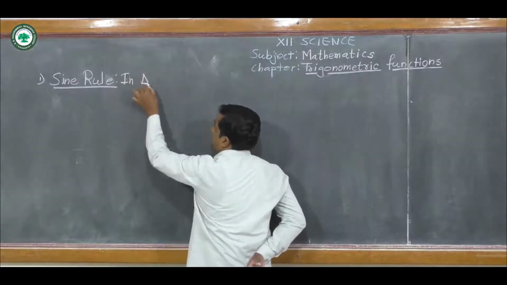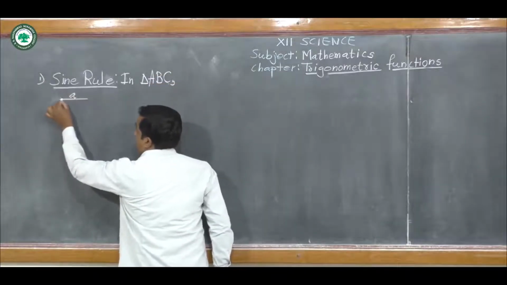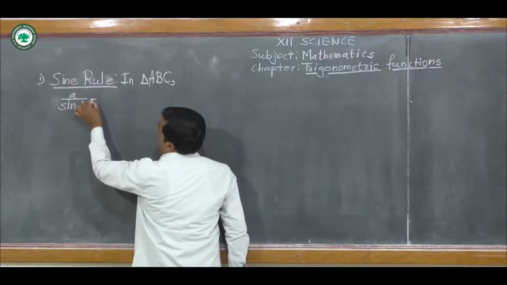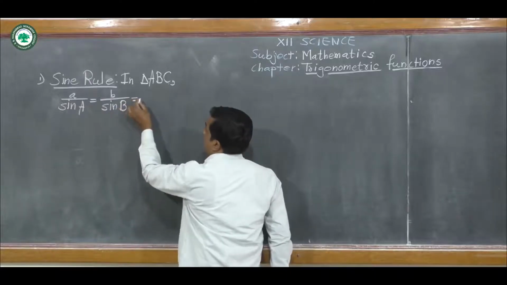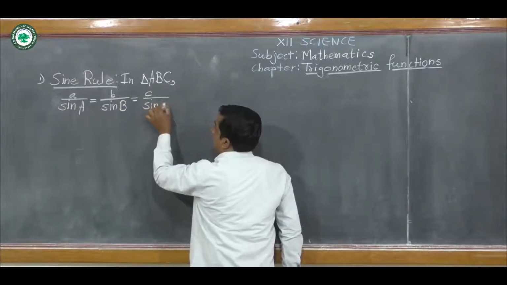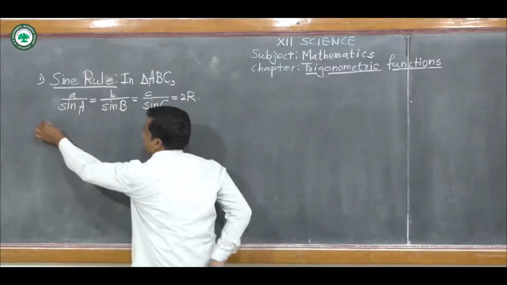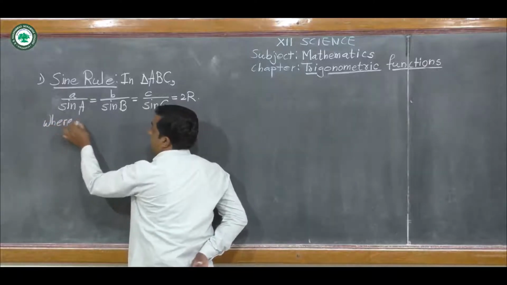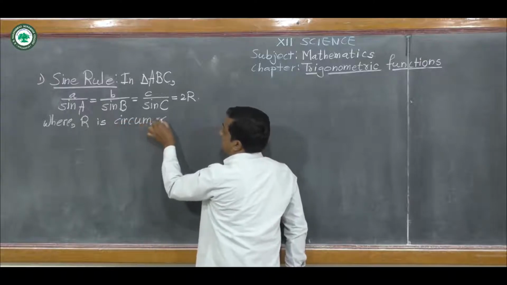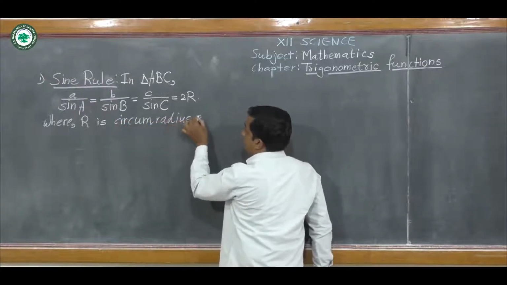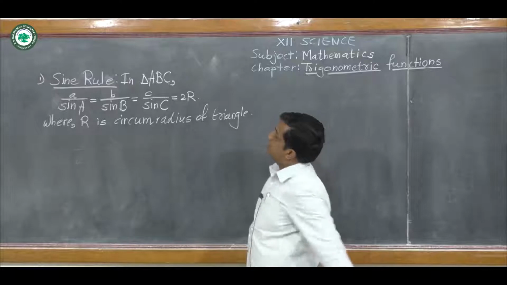In triangle ABC, a upon sine A is equal to b upon sine B is equal to c upon sine C, and is equal to twice R, where R is the circumradius of the triangle.